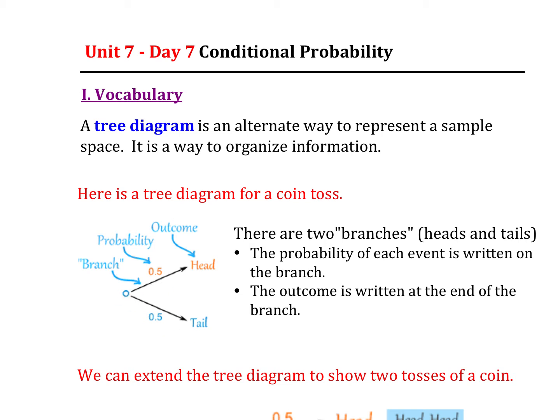For flipping a coin, assuming it's a perfect coin, there's a 50-50 shot that it'll either land heads up or tails up. Whenever we're drawing out our branches, the sum as you add down should add up to 1, for a 100% chance. So 100% of the time, one of these things will happen.